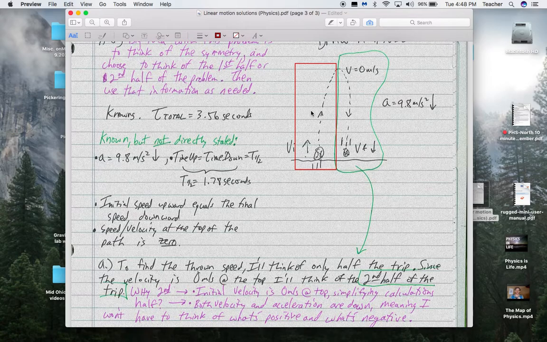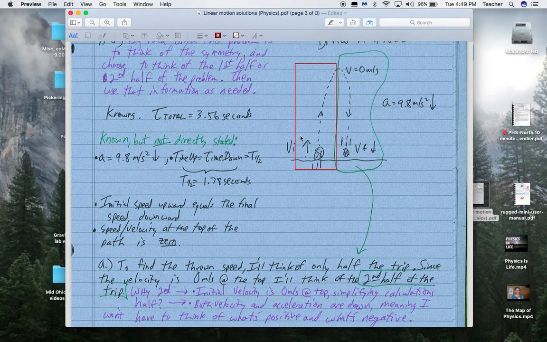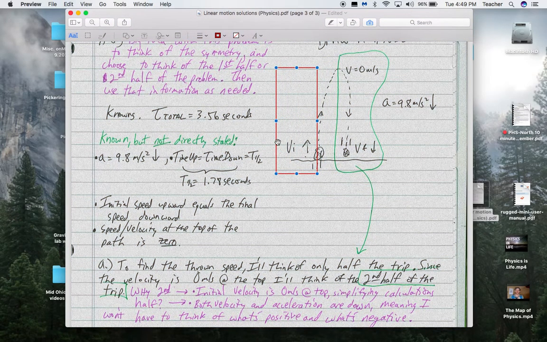So one of those, either my initial velocity or acceleration, would have to be negative, and it's easy to make mathematical mistakes with that. Also, on the way down here, I could treat my initial velocity for the second half of the trip as 0, because at the tippy top of the path, it's not moving. So both my velocity would be downward and my acceleration would be downward. And I can think of everything as positive.